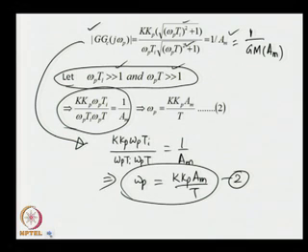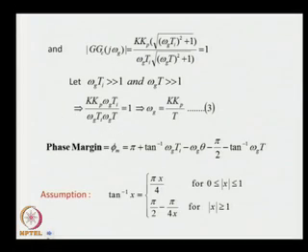Let us make use of the other information we get from the Nyquist diagram, that is what happens at the gain crossover points. So, gain crossover point will result in two equations, one equation shown over here and the other one is the equation relating the phase margin.